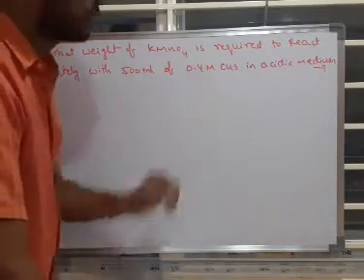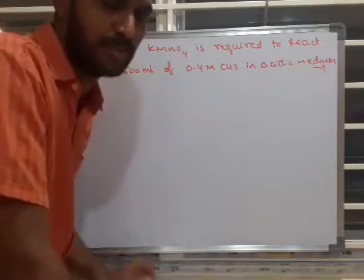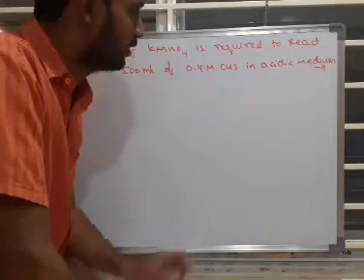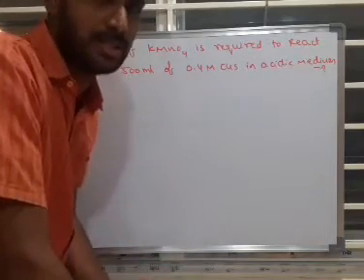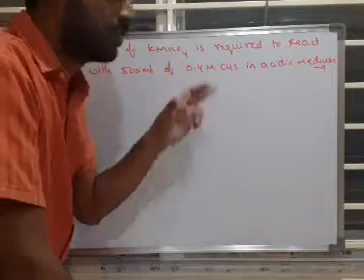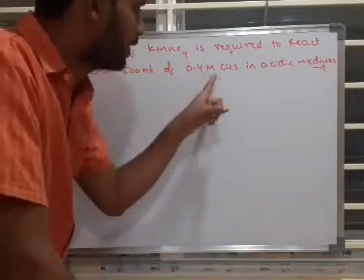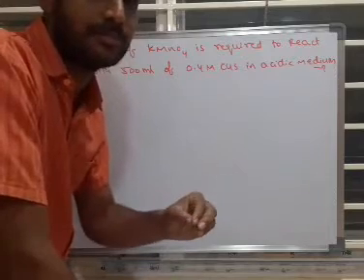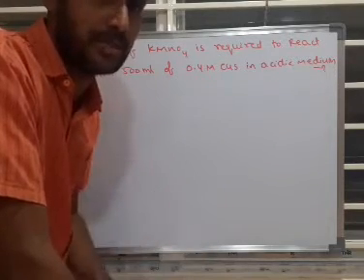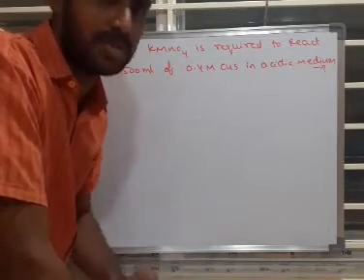Here CuS is cupric sulfide. The potassium permanganate is an oxidizing agent, itself reduced, so automatically CuS itself is oxidized and works as a reducing agent.